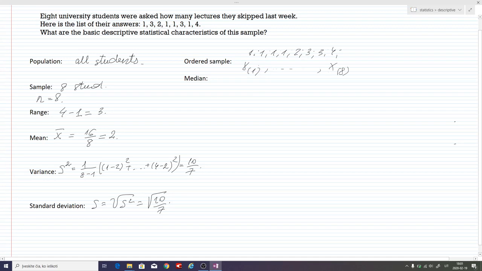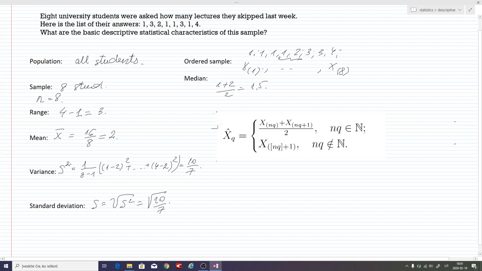If the sample size was odd, we would just take the central value of the sample as the median. As it is even in this case, we take the mean value of the 2 central values, which is 1 and 2, and we obtain 1.5. This means that 50% of the values in our sample are not larger than 1.5.